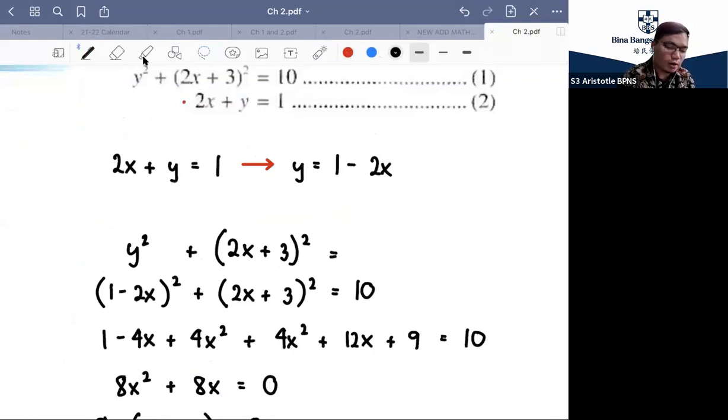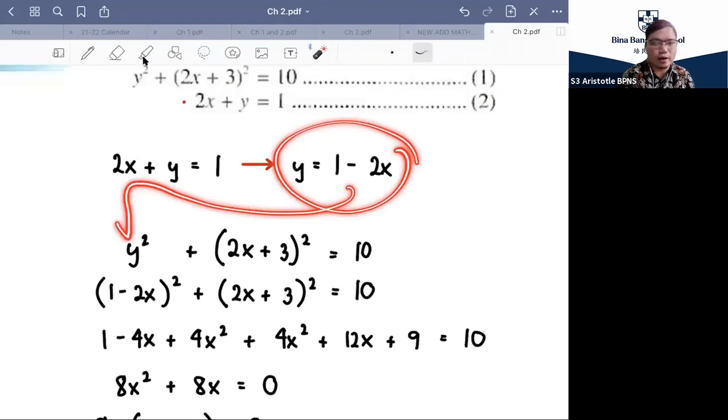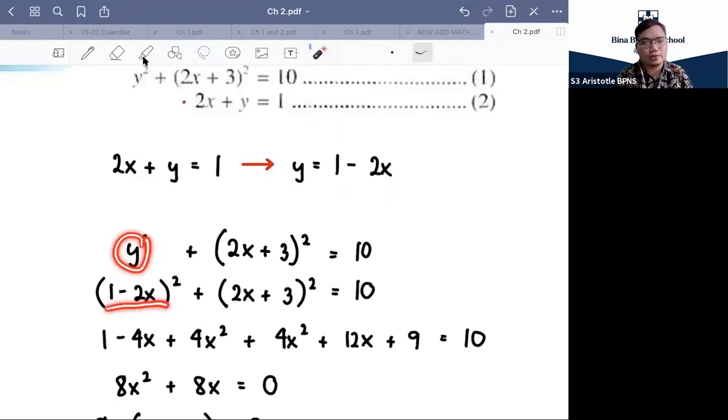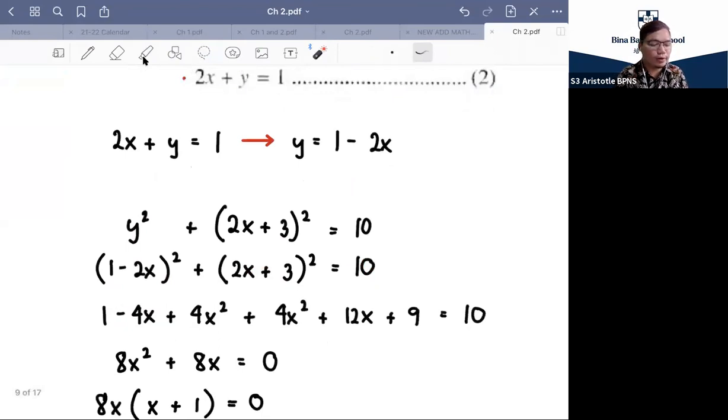Now this will be substituted for y. After you have done that, y squared becomes (1 minus 2x) squared. Of course, you still retain the square here. Any question, class? None? Then you just bring down this (2x plus 3) squared.